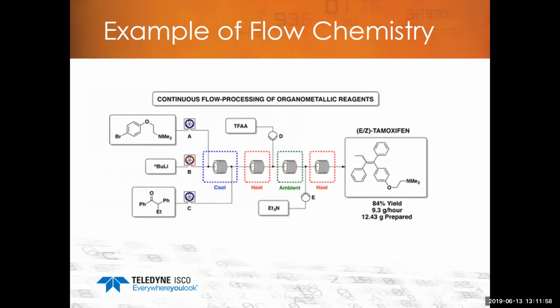Here's another diagram, again illustrative, where you've got three pumps pumping into four different types of reactors: one cooling, one heating, using ambient, and then going back to heating to create your Temafoxin there. You can also see there are different colors on the pump markings, labeled A, B, C on the far left.